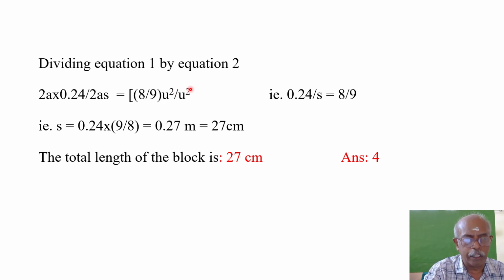The u square and u square on the RHS get cancelled, and 2a and 2a on the LHS also get cancelled. So 0.24 divided by s is equal to 8 by 9.